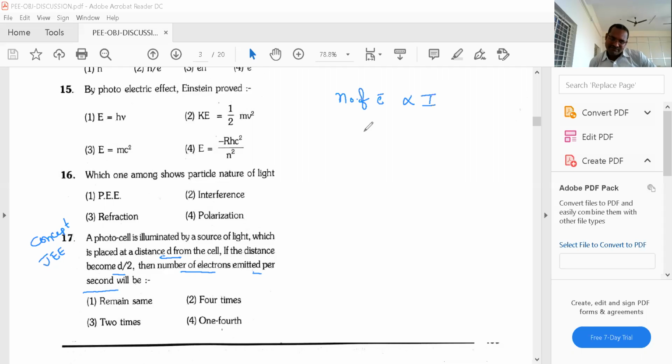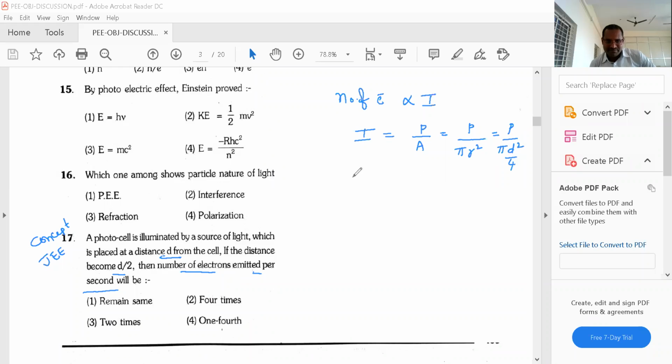As we know, intensity is nothing but power upon area, and for area we should take a spherical surface, meaning pi r square. If you take diameter, it will be pi d square by 4, distance square we can say.